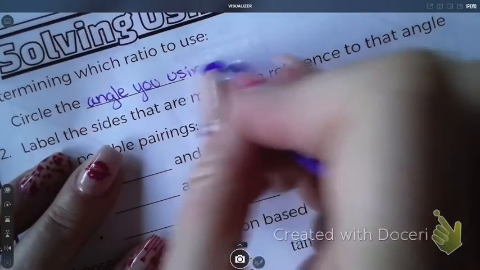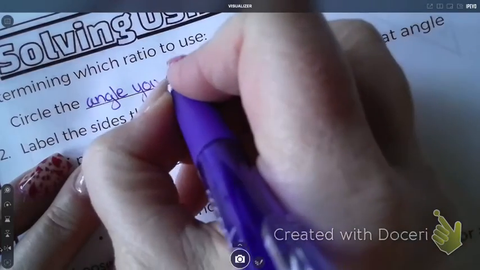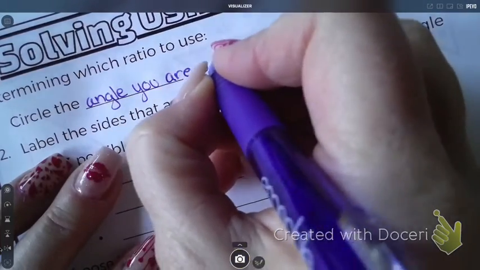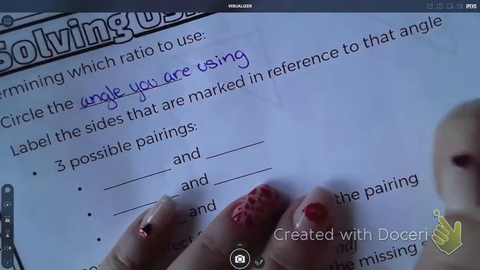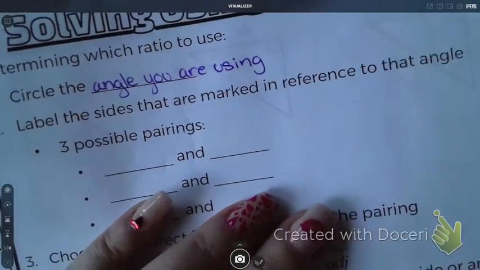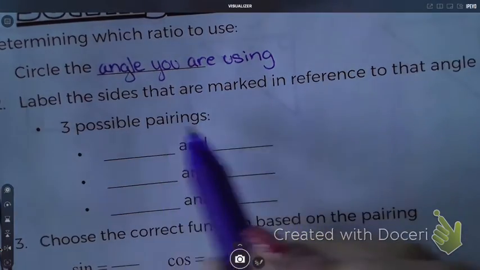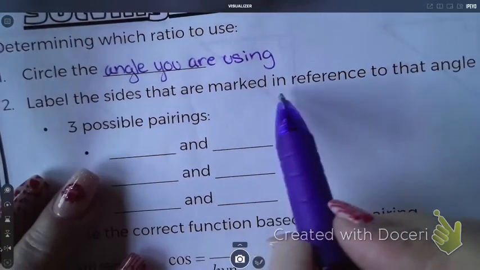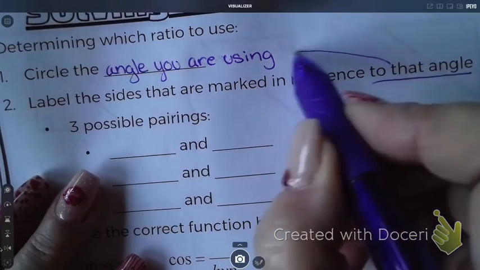So circle the angle that you are using. We're going from this angle to here, right? Label the sides that are marked in reference to that angle. That angle right there.